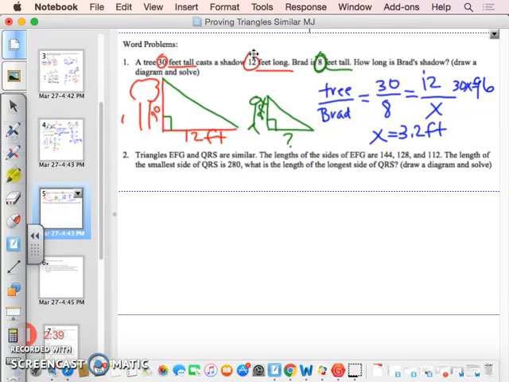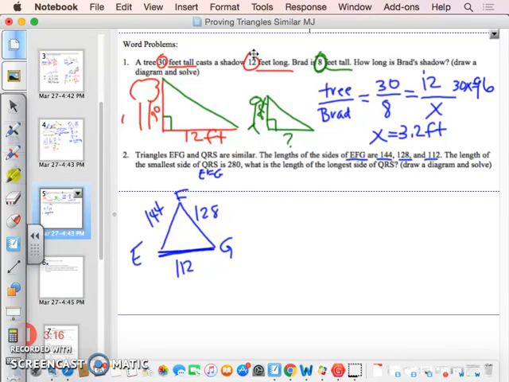All right, moving on. Second example. I know that these are two triangles that are similar. The lengths of the sides of EFG are these three sides, so I'm going to draw EFG and label my sides 144, 128, and 112. It says the length of the smallest side of QRS is 280.